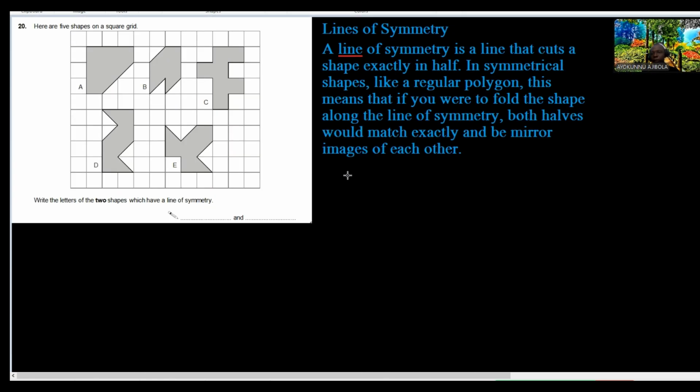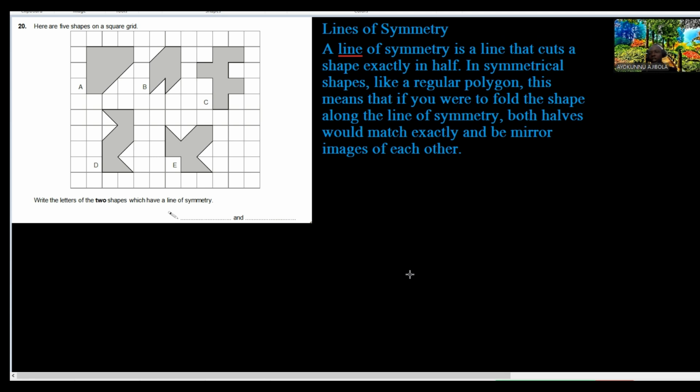Okay. Good. Now look at this shape. Which of them do you think should have a line of symmetry? Which of the shapes do you think can have a line of symmetry that can divide the shape into equal halves?